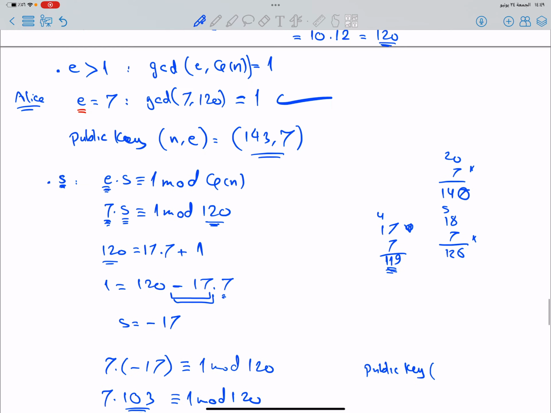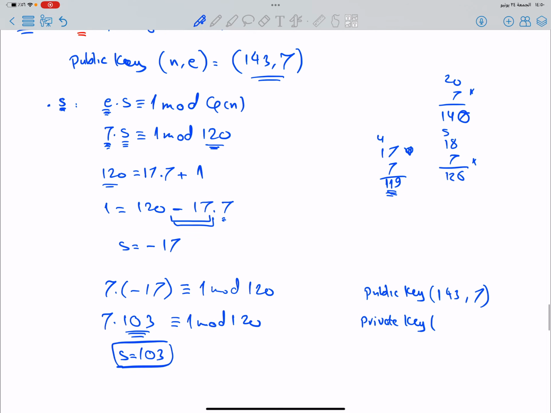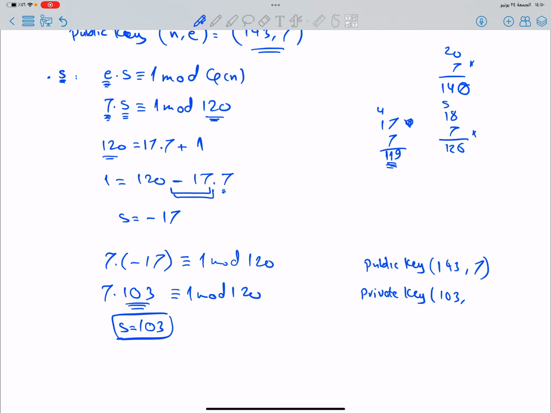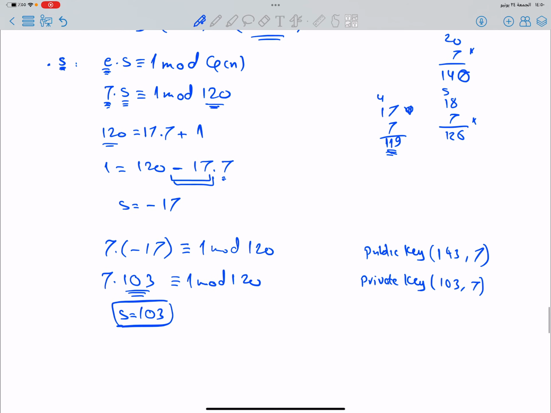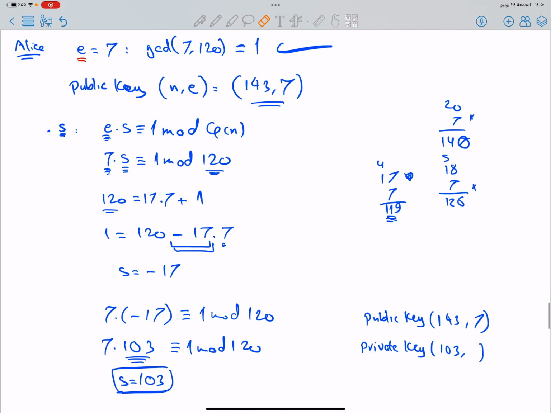The public key is 143 and 7, and the private key is 103 and N, which is 143.